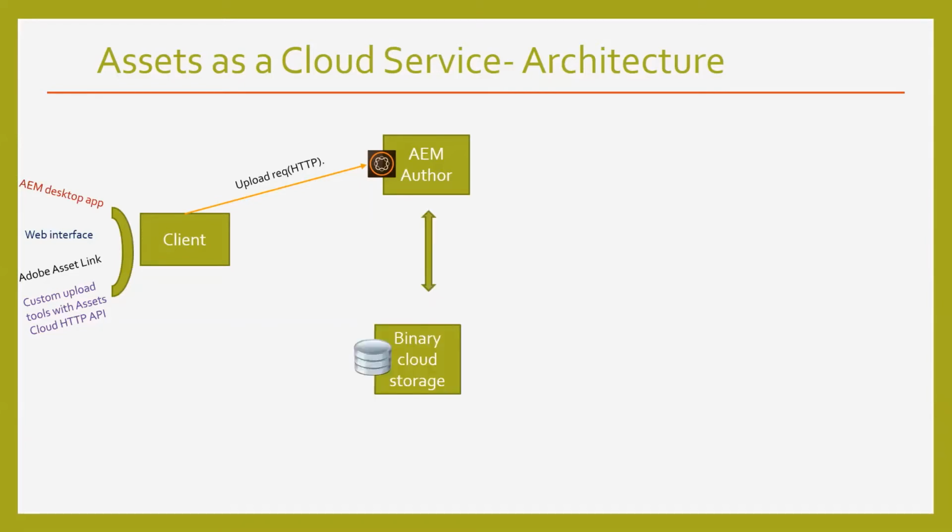Now the assets are uploaded as binary to a binary cloud storage. You can see a CDN in the middle for transfer acceleration, which is one of the major advantages here.